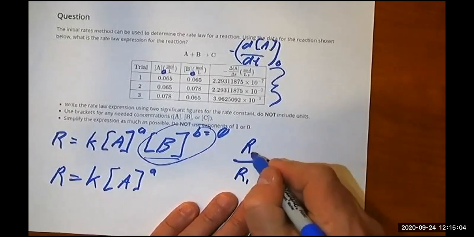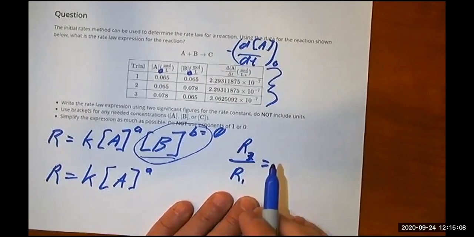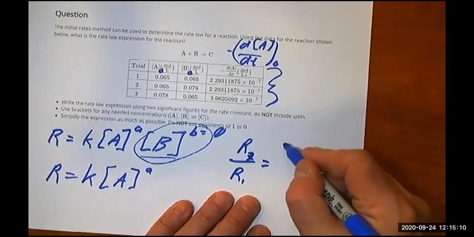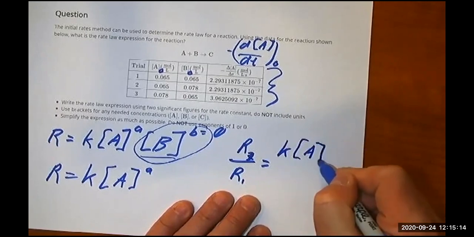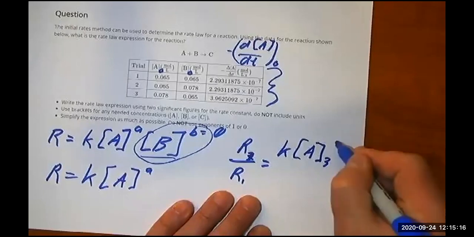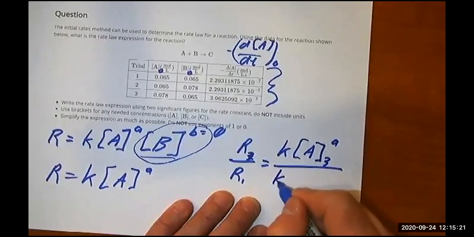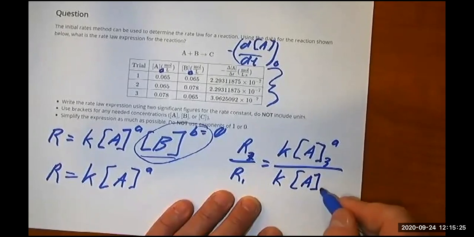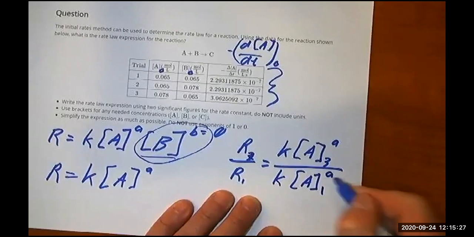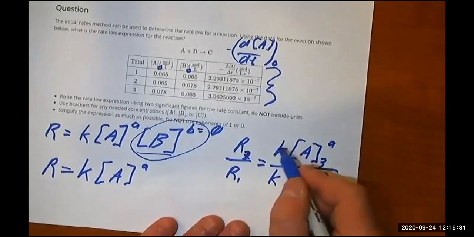No, let me label that 3 since we're actually talking about trial 3. So then that is going to be K times the concentration of A for trial 3 to the A power over K times concentration of A in the first trial to the A power. Okay. Notice that the K's cancel.